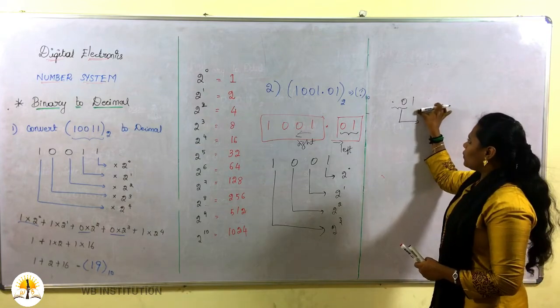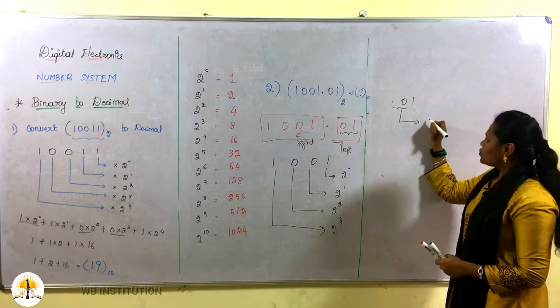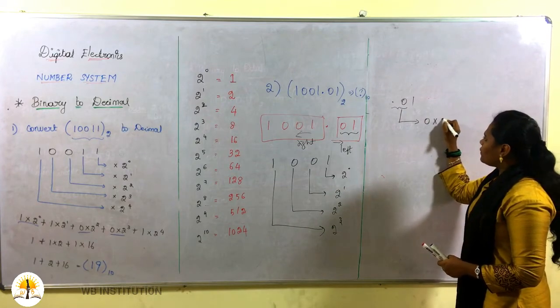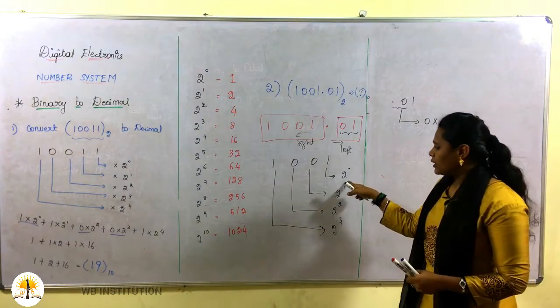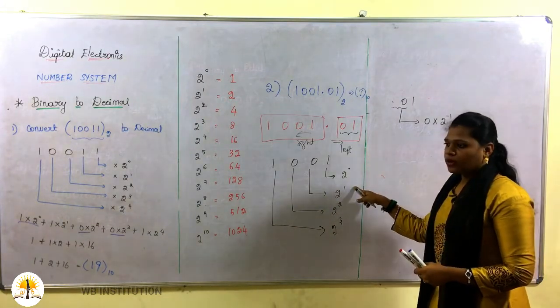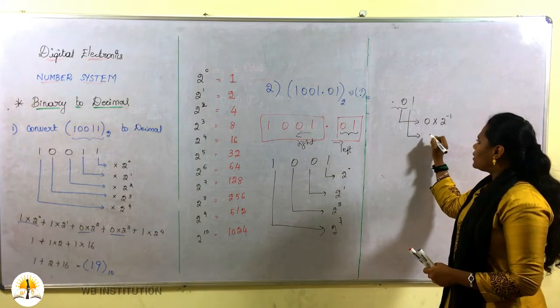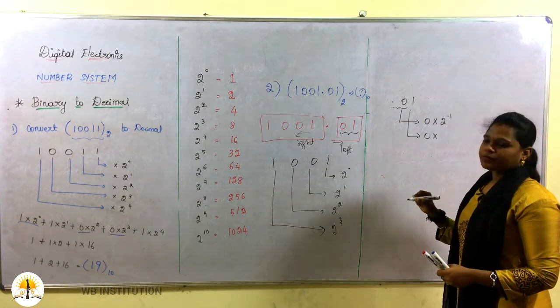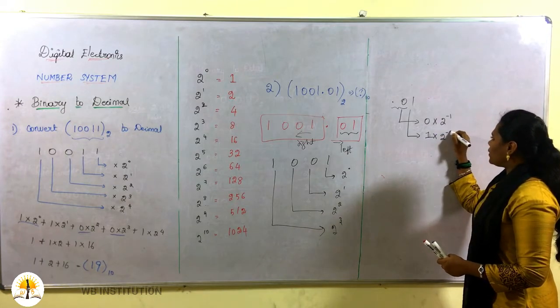So first only the first bit after the decimal point. 0 needs to be multiplied with 2 inverse of 1. What we did here was 2 power 0, 2 power 1. Now you need to multiply with 2 inverse of 1. Next take this one, 1 into 2 power minus 2.